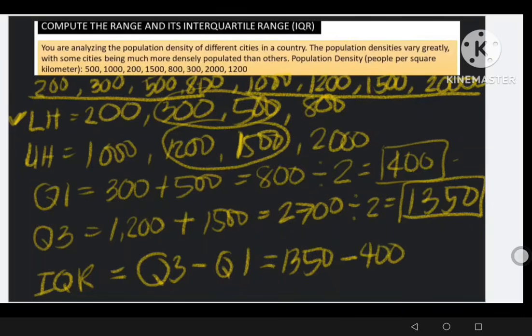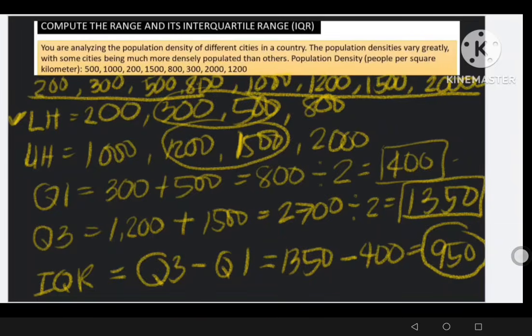So our IQR is equal to 950. Okay, so that's the process in how to get the IQR, or the interquartile range. So therefore, the interquartile range, or the IQR, for the population density data is 950 people per square kilometer.